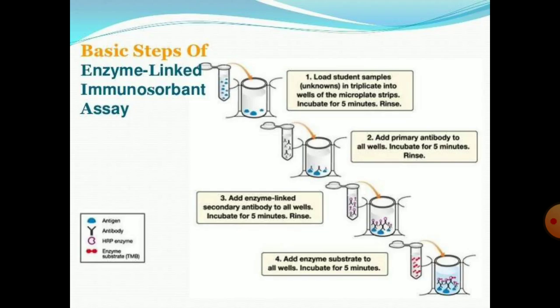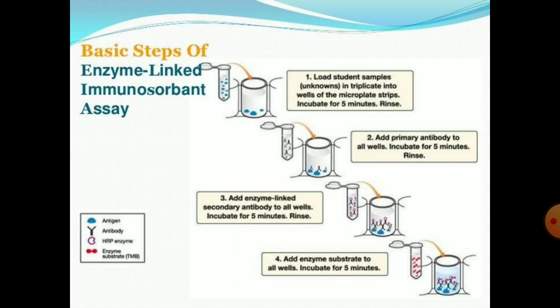So these are some basic steps which are used in ELISA. In number one, we load the sample in triplicate into wells of the microplate strips and incubate it for 5 minutes, and after that we rinse it. In step 2, we add primary antibodies to all the wells and incubate again for 5 minutes, and again after that we rinse it.